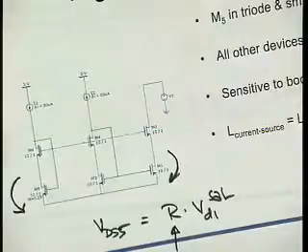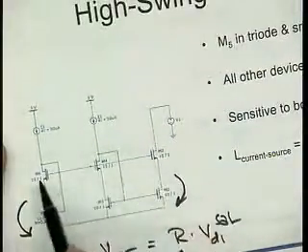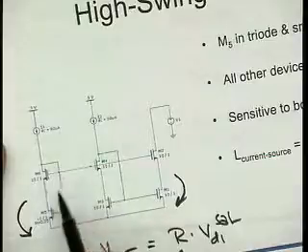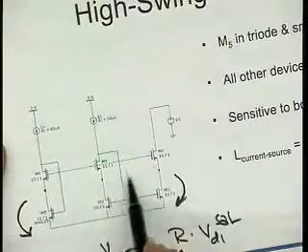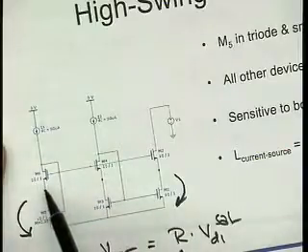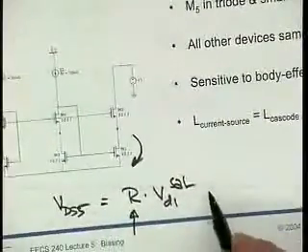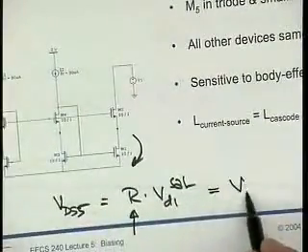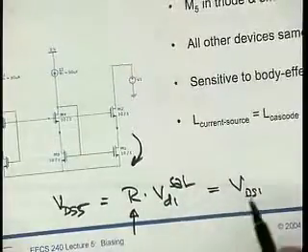And of course, because these devices are all equal size and they all run the same current, the cascodes pin all these voltages here at the same value. Consequently, the voltage VDS5 is simply copied over here. VDS1 is equal to VDS5, right? Which is really what we want at this point.